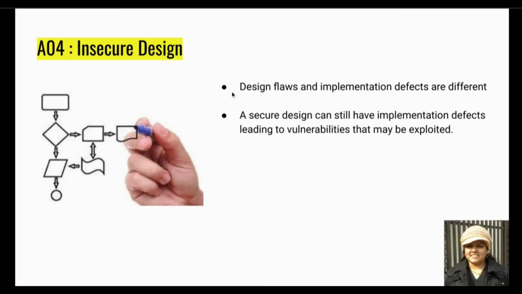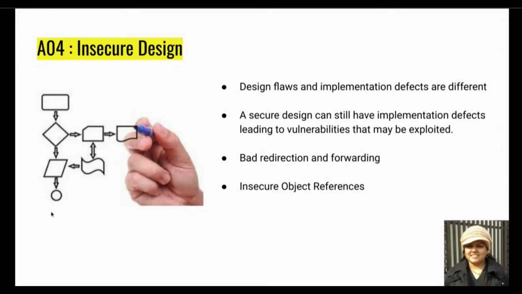There's a difference between insecure design and insecure implementation. Insecure design cannot be fixed by a perfect implementation, as by definition it needed security controls which were never created to defend against specific attacks.